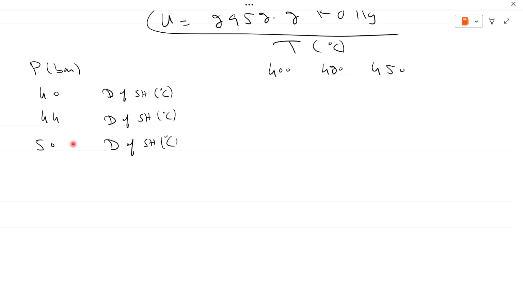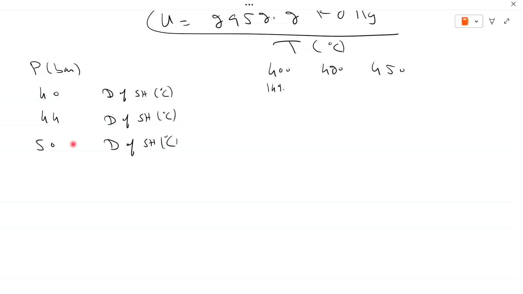So degree of superheat we can easily find: 400 minus saturation temperature at 40 bar, which is equal to 149.7.